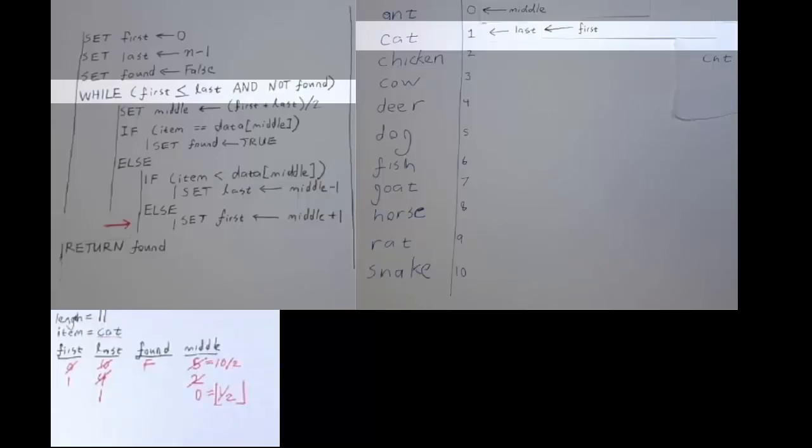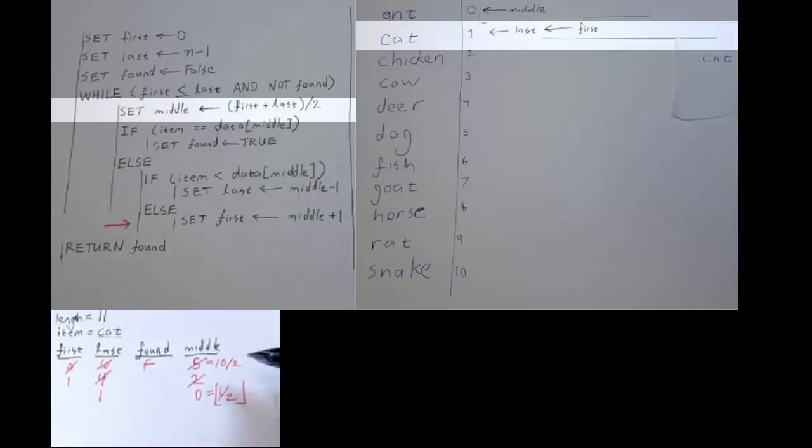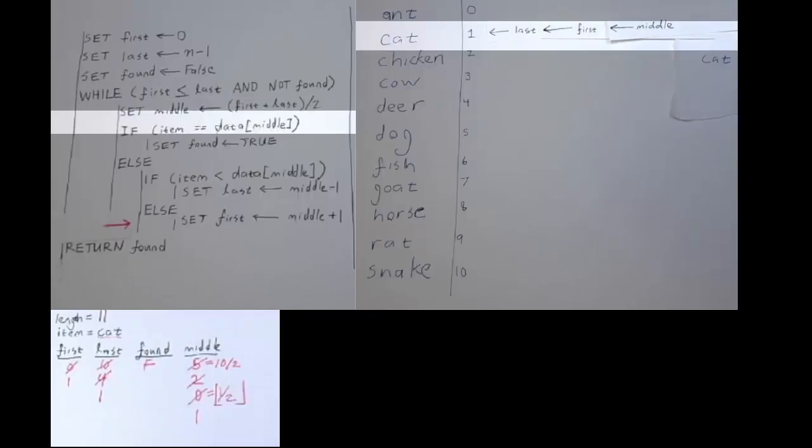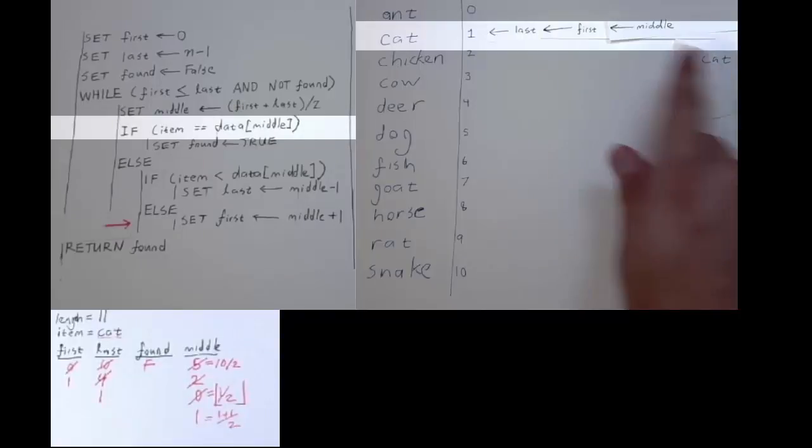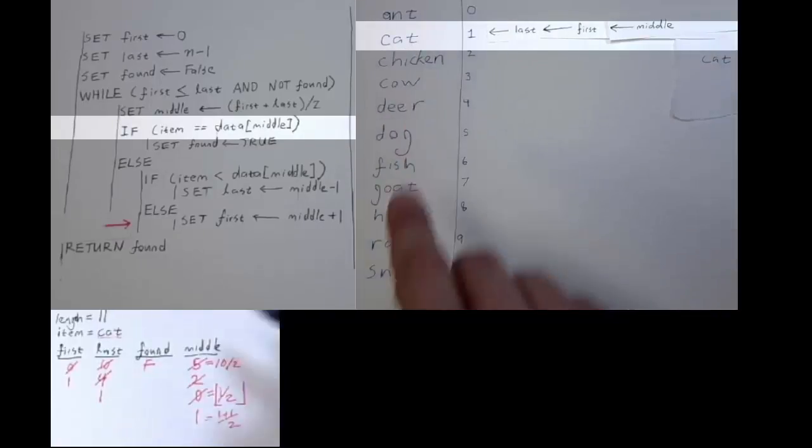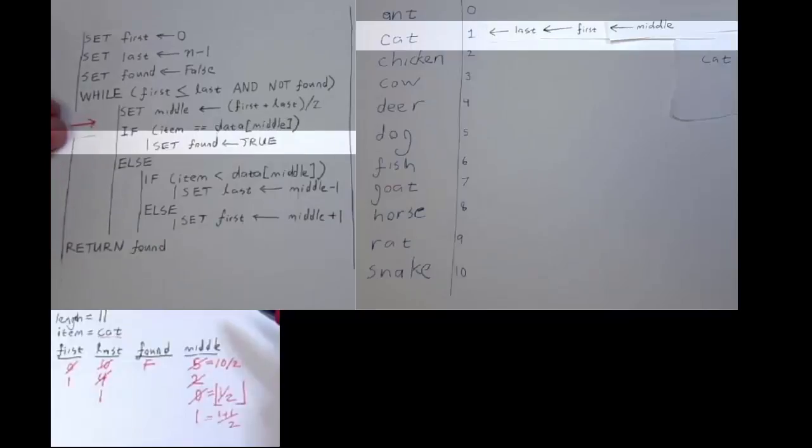Have we found it? Found has not yet been set to true yet. So what do we do? We set middle to first plus last over 2, which means that all 3 of these things have the same value now. They're all equal to 1. And if the item equals data middle, does cat equal cat? It does. Then what we do is we set found to true.